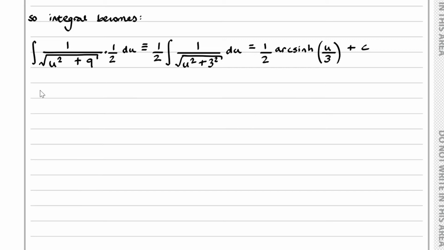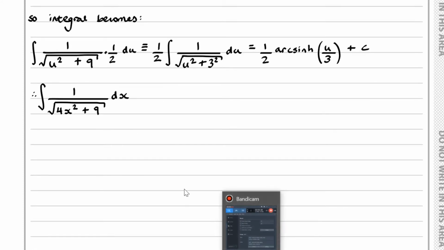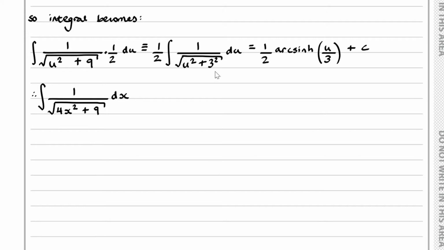And therefore, if I just write that down, this integral is the same as 1/2 times the inverse sine of 2x over 3 plus c.